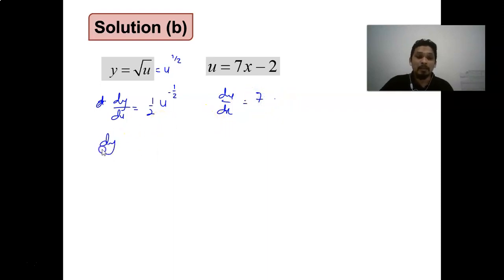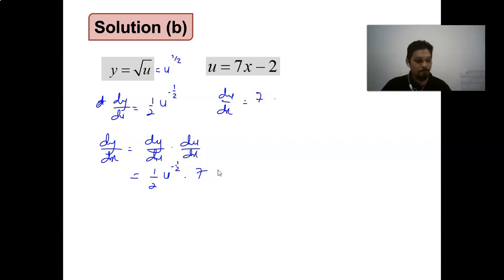Okay, dy dx equals dy du multiplied with du dx. Dy du equals 1 over 2 u to the power of negative 1 over 2, and du dx equals 7.